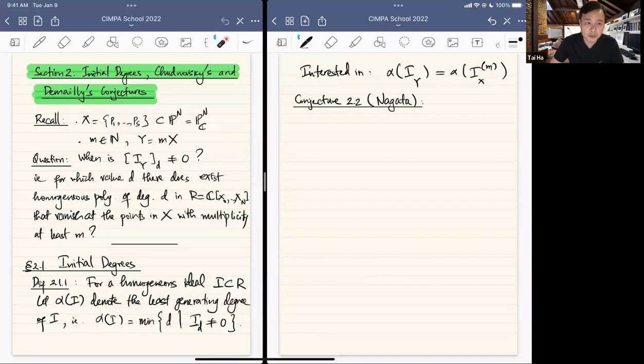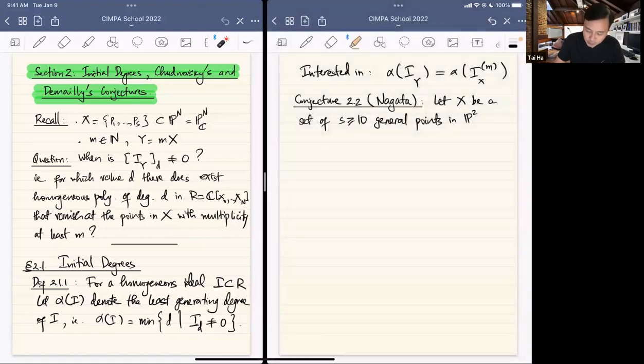Nagata conjectured that if you have a set of at least 10 general points in P2, and I still haven't explained what general means, I promise I will come back to this, then alpha of the M-th symbolic power of its defining ideal is at least M times the square root of S for all positive integers M.